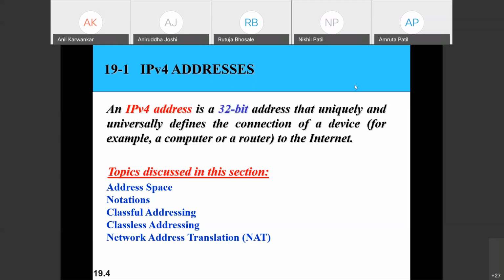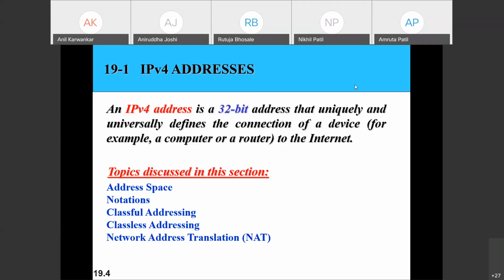This logical addressing scheme is also known as the IP address, the IP version 4 address that we are utilizing. It can be called the internet protocol address. This length is 32-bit, which means a maximum of 2 raised to 32 addresses can be defined.